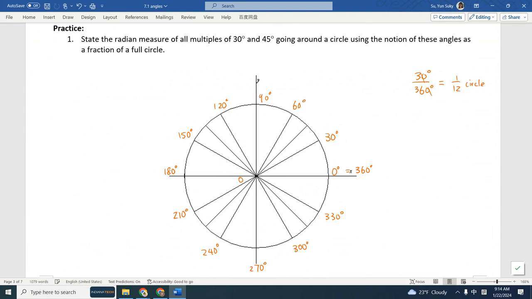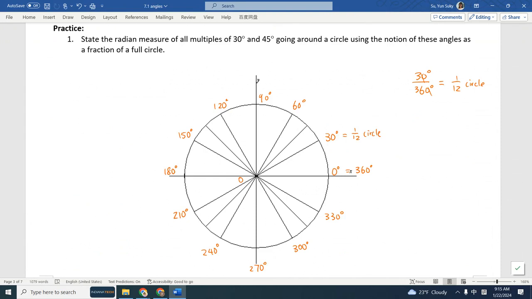So 30 degree is 1 over 12 of a circle. Let's write this down, because the problem says I also want to write down these angles as a fraction of a full circle. So 30 degree is 1 over 12 of a circle. Right, everybody? Let's keep going.